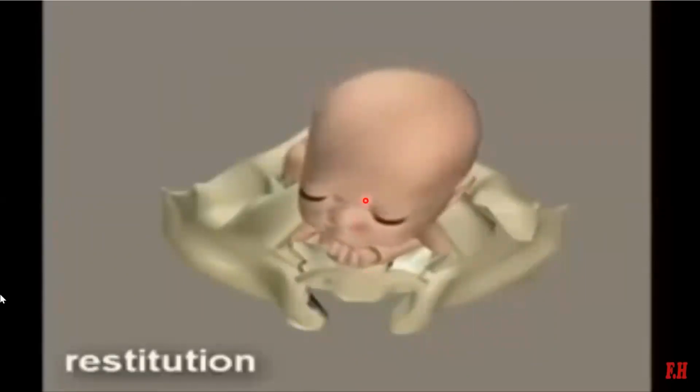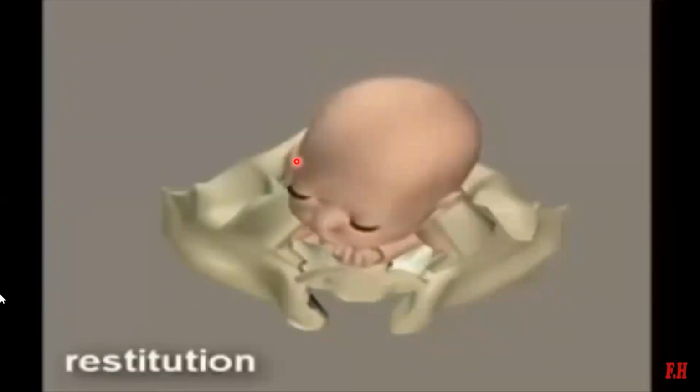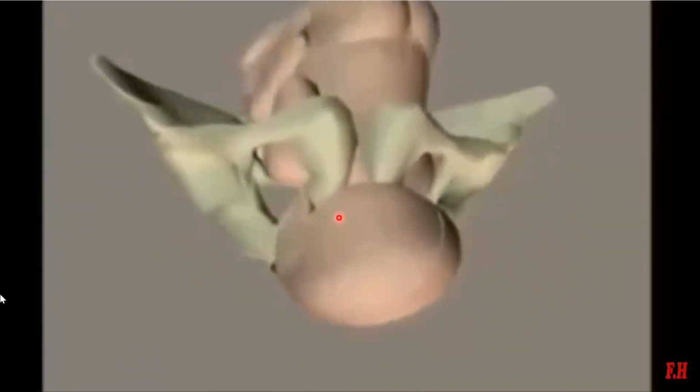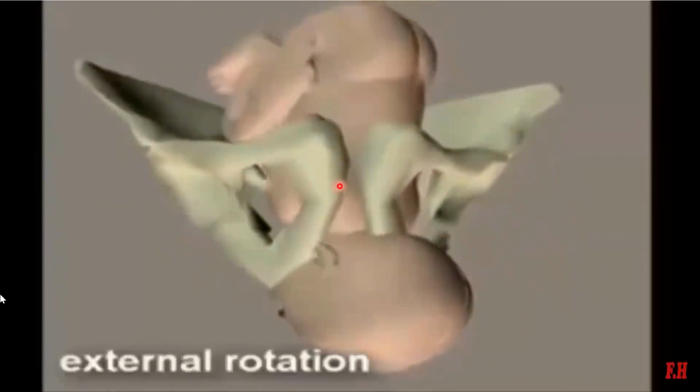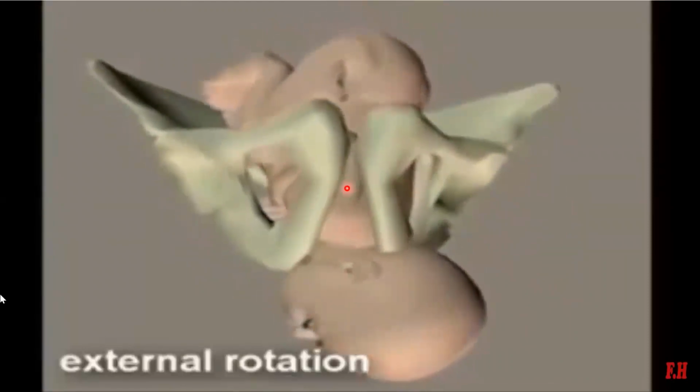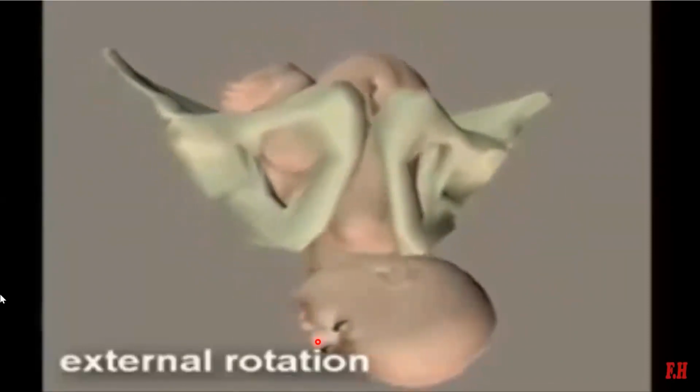After that, the head will realign itself to the shoulders, so restitution will occur and the baby will be facing towards one of the maternal sides. Here, the shoulders will start to do internal rotation, which will be shown as external rotation of the head in the same direction of restitution.